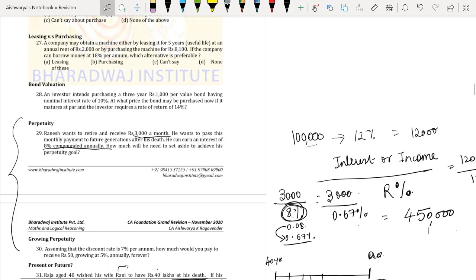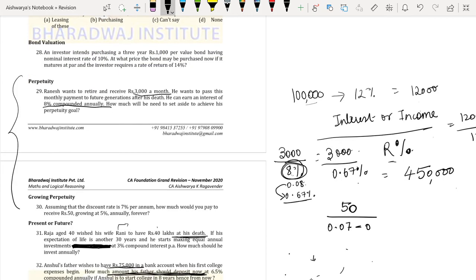So income, same formula, divided by R percentage minus the growth percentage. So in this case, it will be 50 divided by 2 percentage on your calculator. 2,500 you will get. Are you clear? R percent minus the growth percent. This is what we will be doing. Can we proceed?